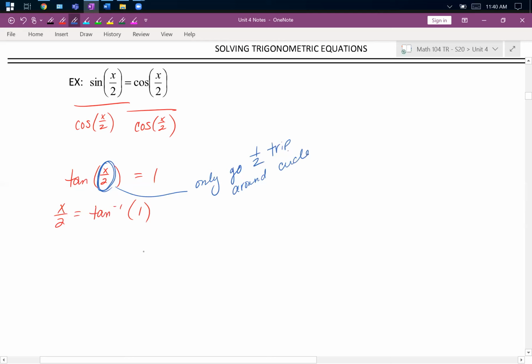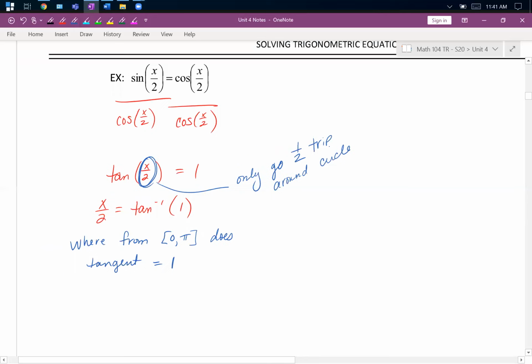So where, from 0 to pi, isn't it pi over 4 and 3 pi over 4? Well, hold on. Where from 0 to pi does tangent equal +1?